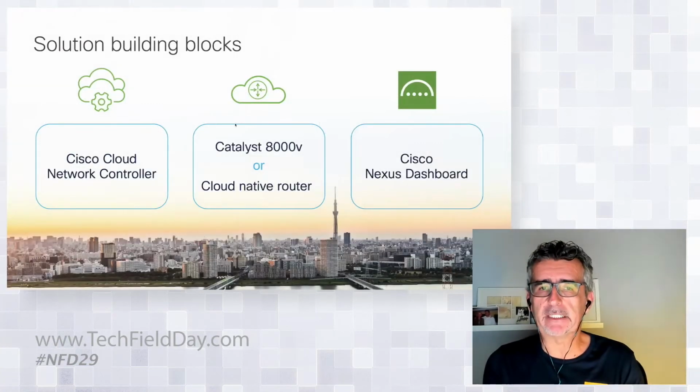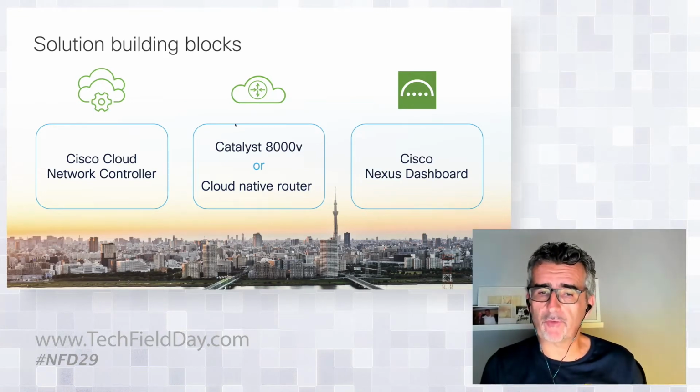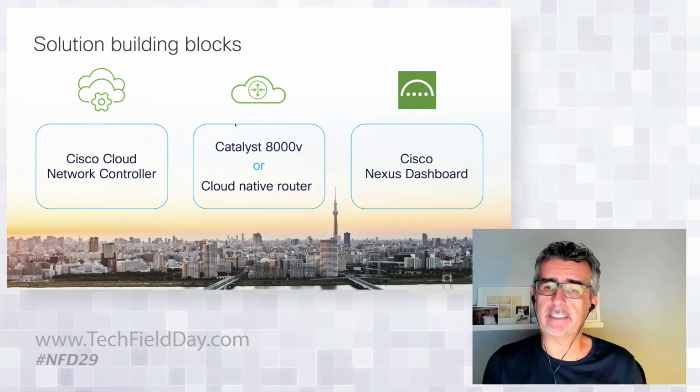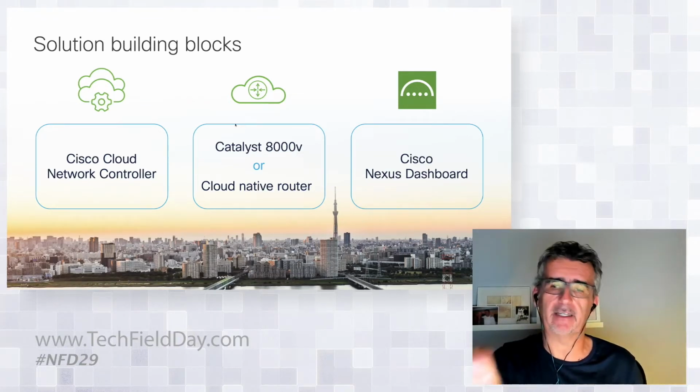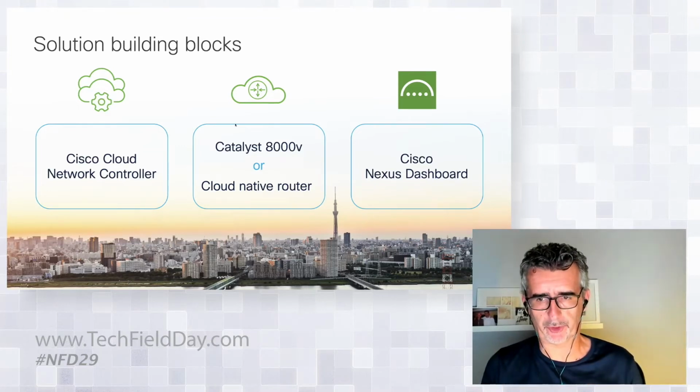So the solution building blocks for this demo are the Cisco Cloud Network Controller, which is again the controller that we deploy in the public cloud that drives the provisioning or configuration in the different types of clouds. The virtual router Catalyst 8000V, which represents, if you want, the hook that we put in each cloud to allow for the extension of connectivity between that cloud and another cloud, or that cloud and on-prem, when we talk about the hybrid cloud solution.